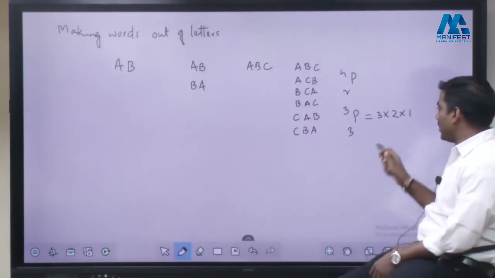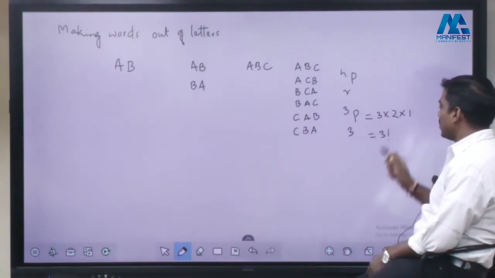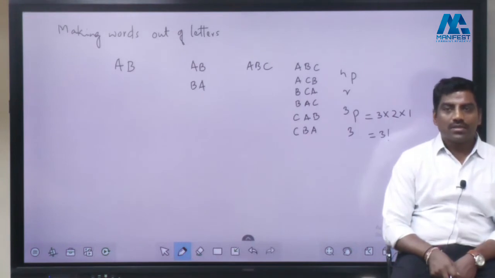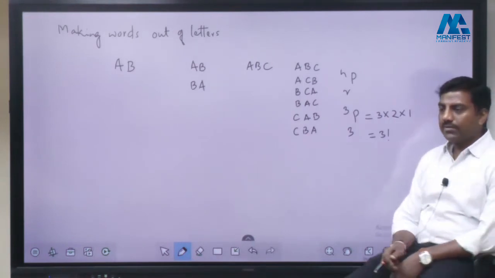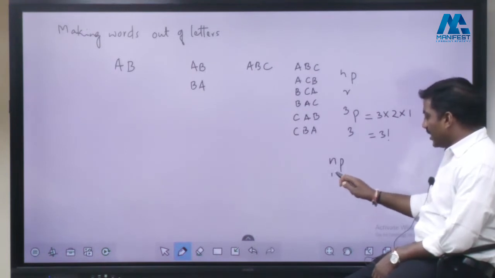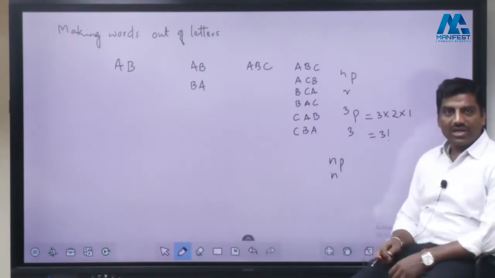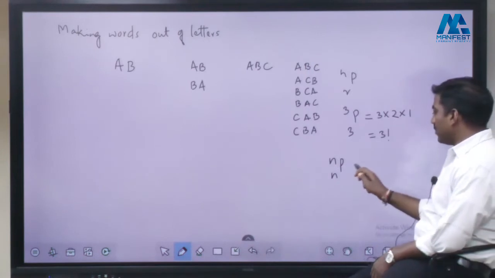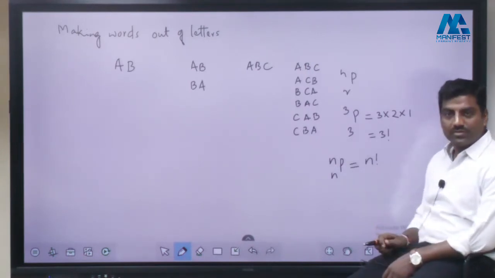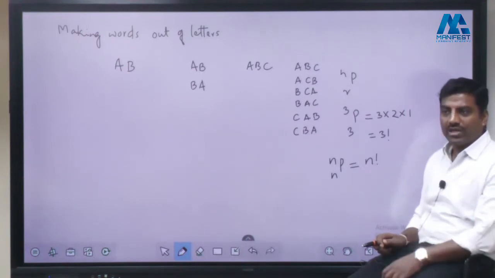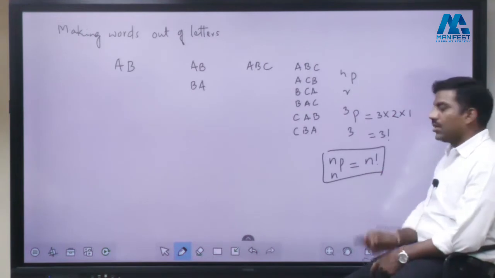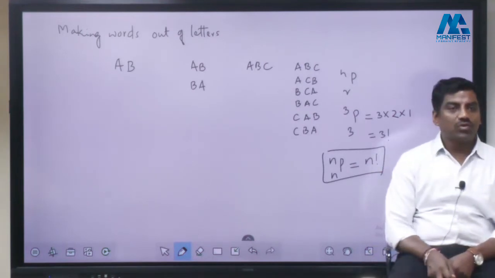Or simply it can be written as what? So when we take nPn, when we are taking all of them, it becomes n factorial divided by (n minus n) factorial. That is nothing but 0 factorial, nothing but 1. So nPn is n factorial.